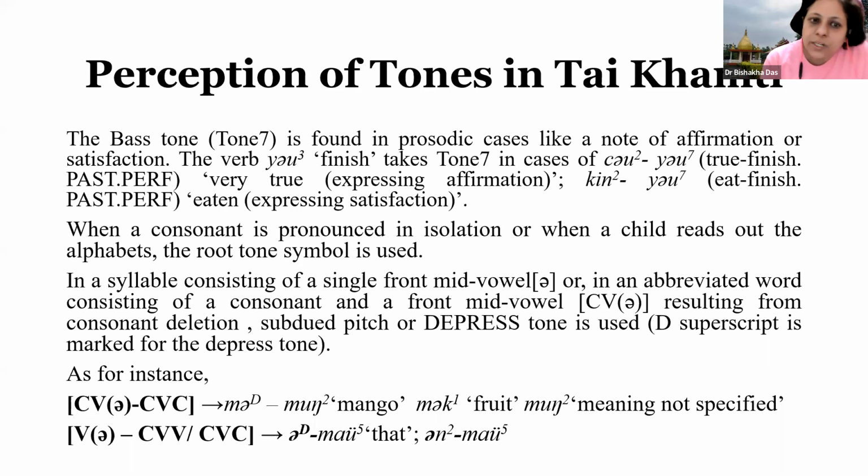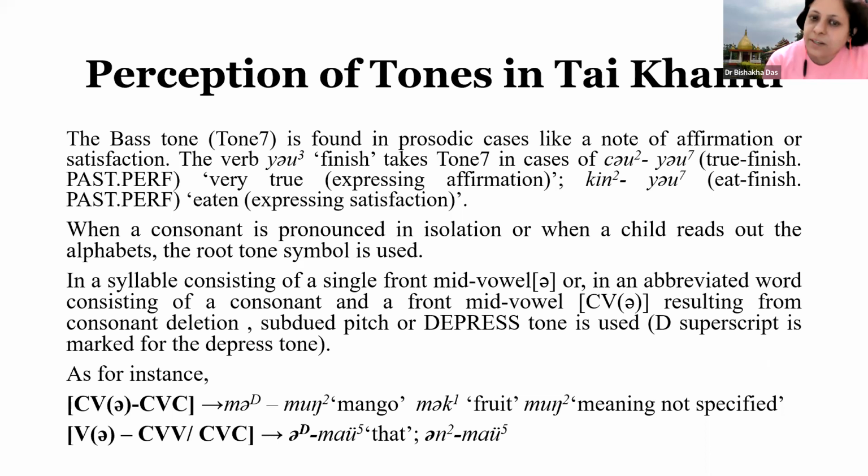And the depressed tone, I can explain to you this way: there's a word like mango, which I've given below. Mango is makmung. Mak is fruit, and mung has no meaning in isolation, but makmung is mango. Now, makmung is pronounced as mamung. So when it is mamung, it is abbreviated, then the depressed tone is used.